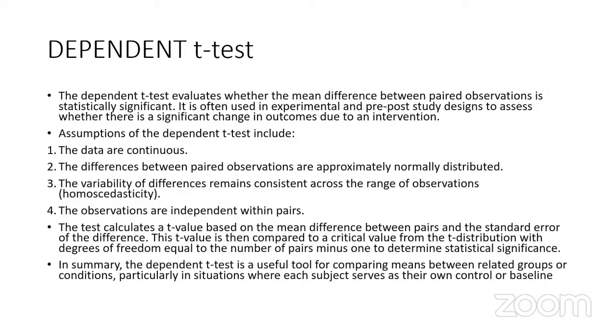In case of the dependent t-test, you can study the correlation because both the data are metric in nature. But this is not possible in case of the independent t-test. Okay, so one is categorical data, another one is the metric data.